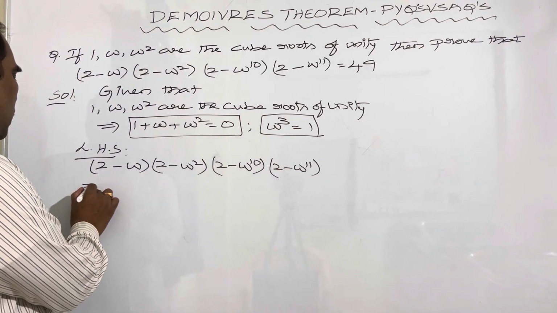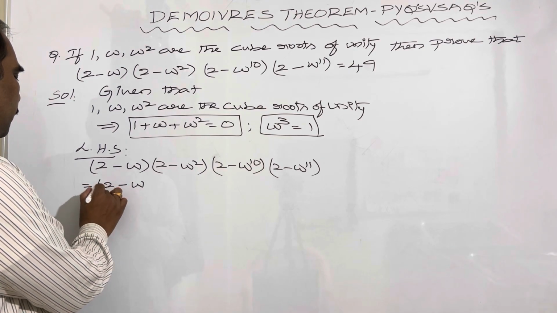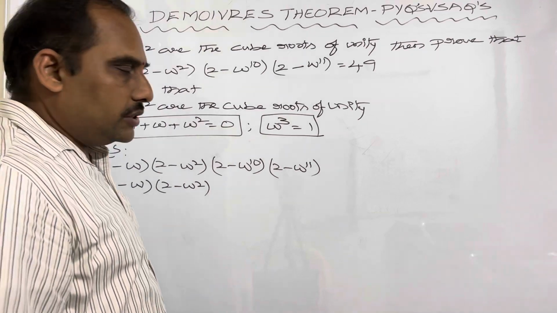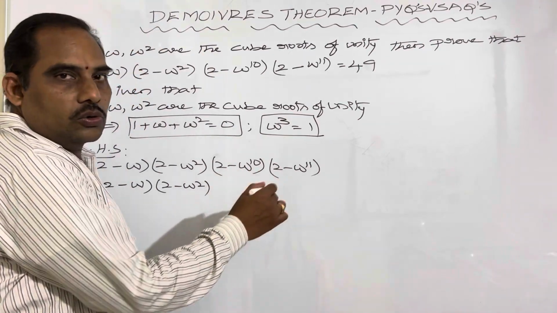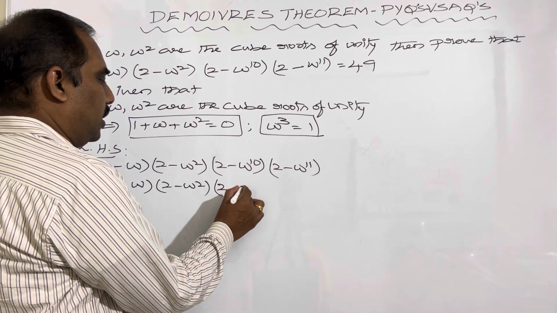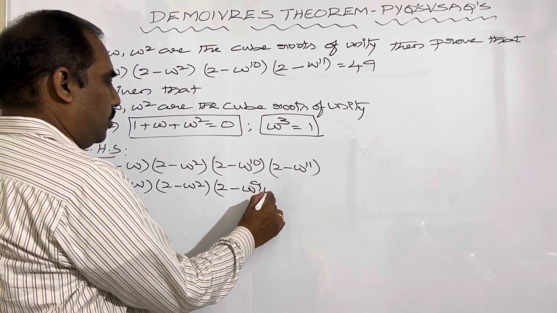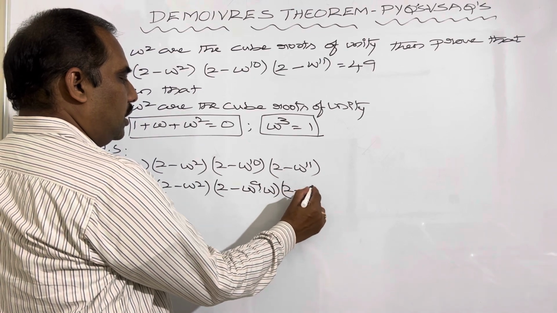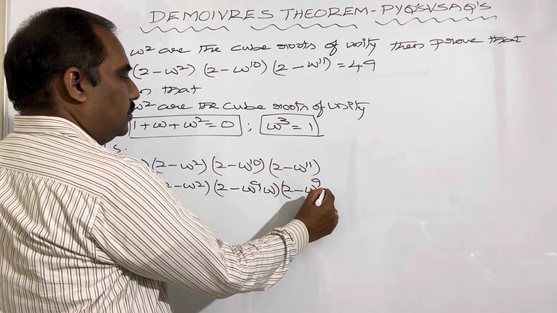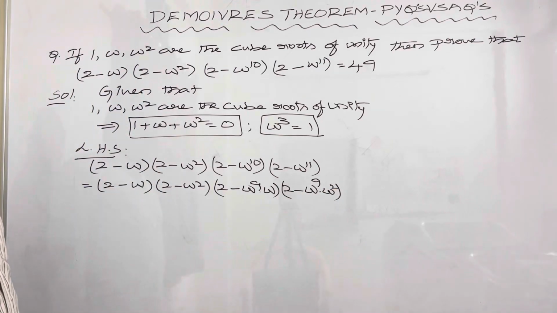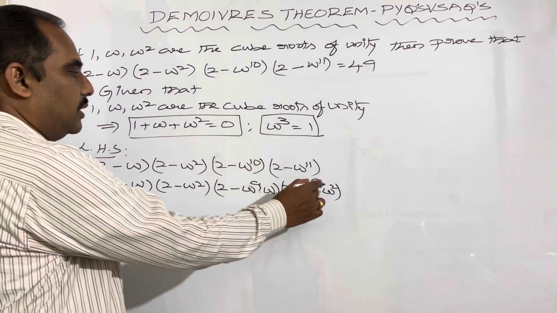Now writing (2 minus omega)(2 minus omega square) as it is, and 2 minus omega power 10 we write as omega power 9 into omega, and 2 minus omega power 11 as omega power 9 into omega square. Since 9 plus 1 is 10 and 9 plus 2 is 11.